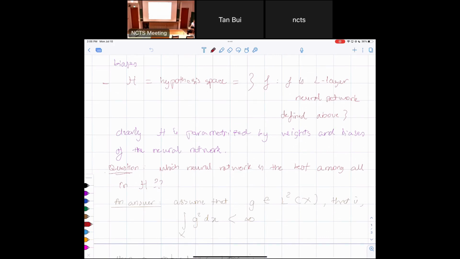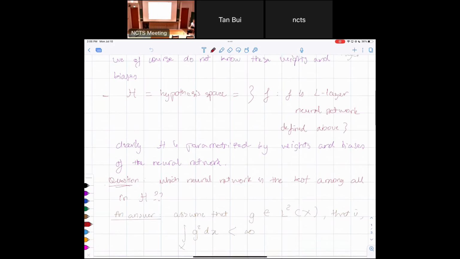So what we assume, at least this is one of the very mild conditions, is that the function that we don't know, which is g, is in L2, that is, square integrable. That's a mathematical term, but think about g as a velocity.